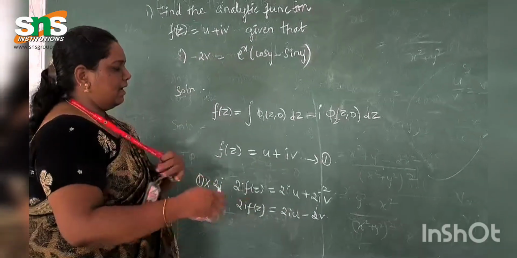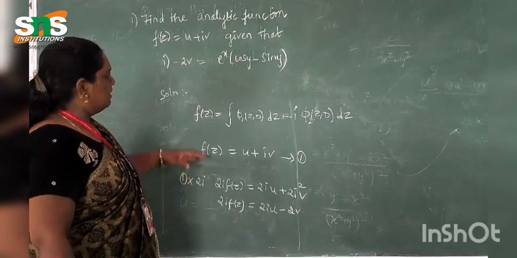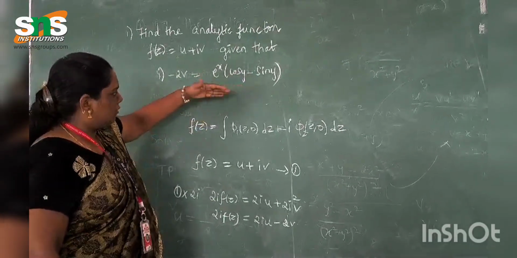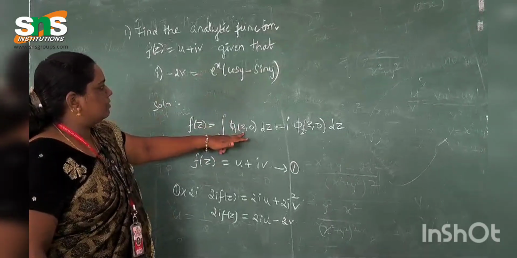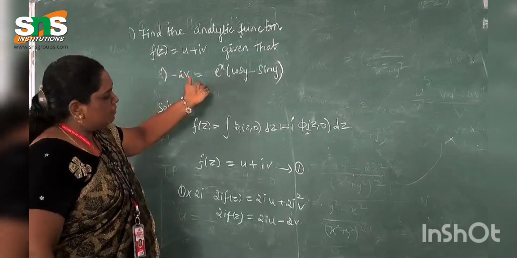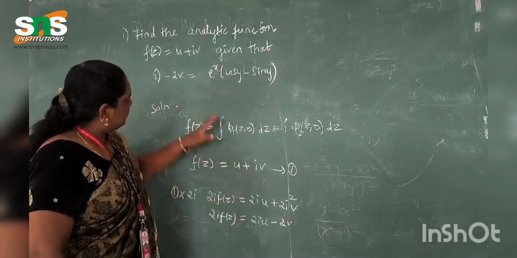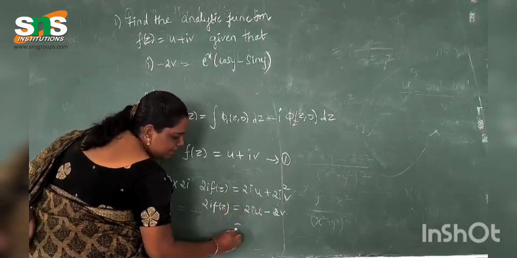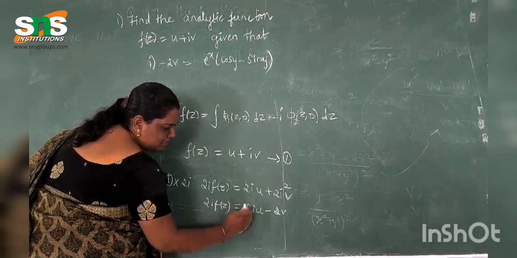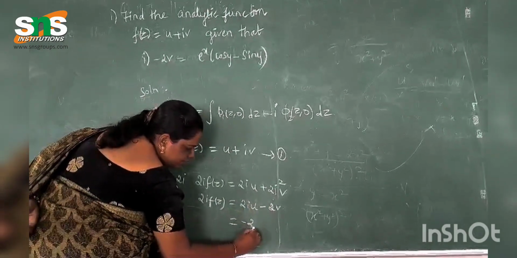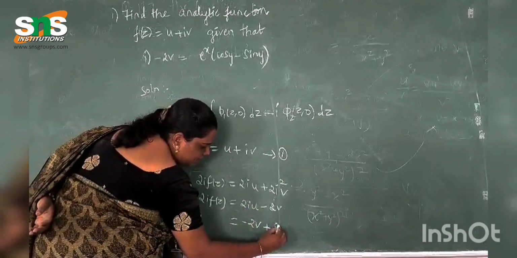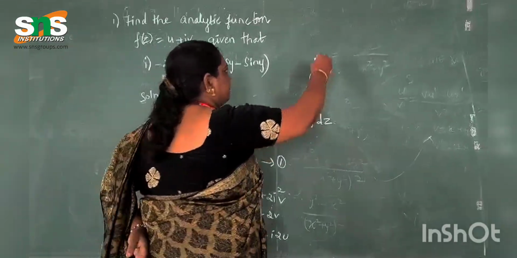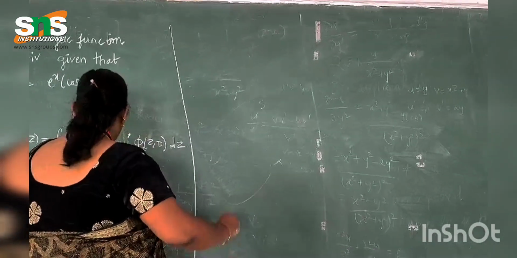So we are converting our equation as we have minus 2v equal to e power x into cos y minus sin y. We have to find phi 1 of z comma 0 for the given function only. So we are constructing the function with minus 2v here. Now we write the real part first and then the imaginary part: minus 2v plus i into 2u. Now we construct another equation.